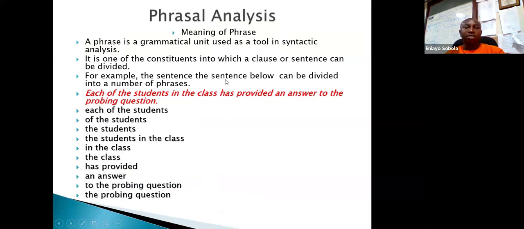And we look at some examples, then we have this sentence. Each of the students in the class has provided an answer to the probing question. And in the class, then we look at how many phrases could be derived from that sentence.